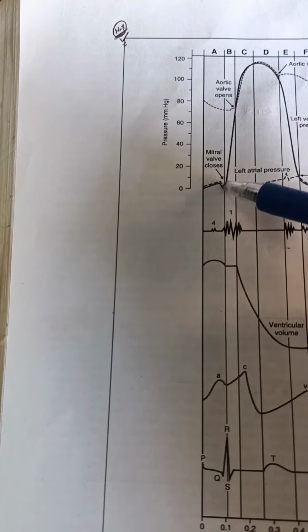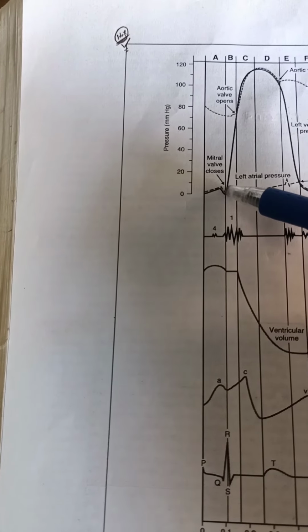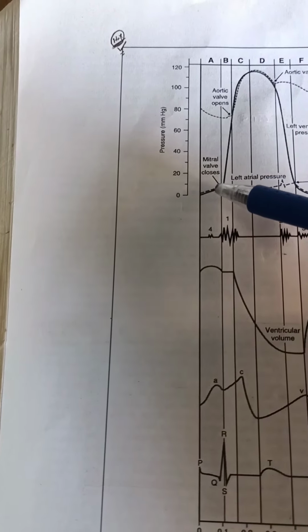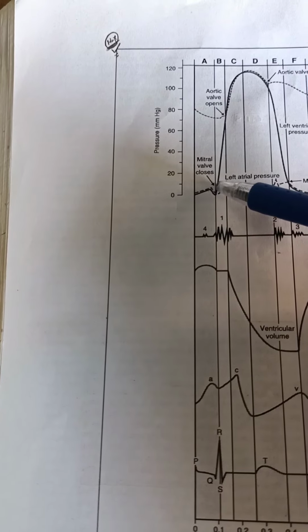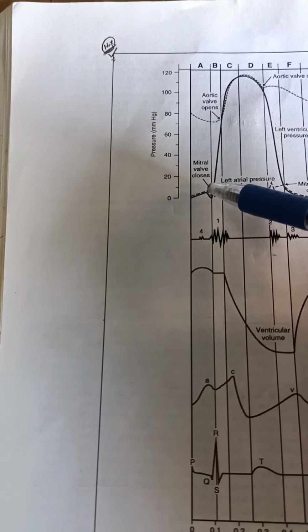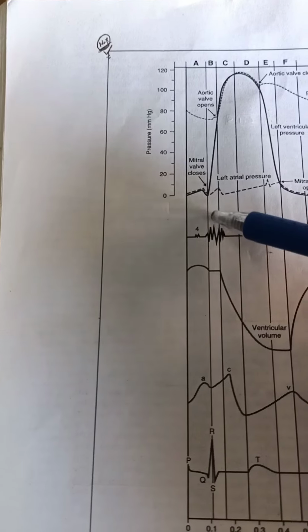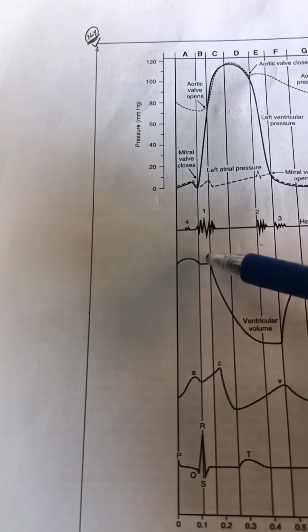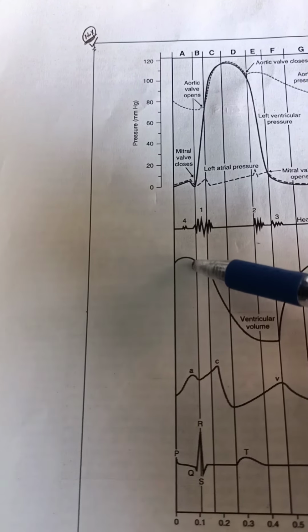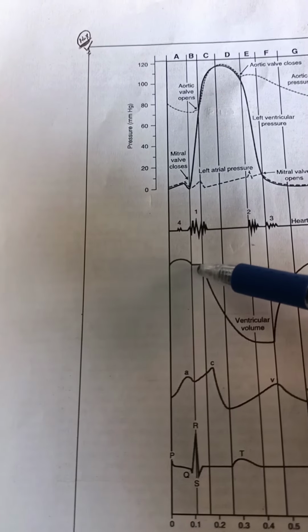When ventricular pressure is greater than the atrial pressure, this leads to the closure of the mitral and tricuspid valves. This produces the first heart sound, which is represented here, and the volume change is isovolumetric, the volume is constant.